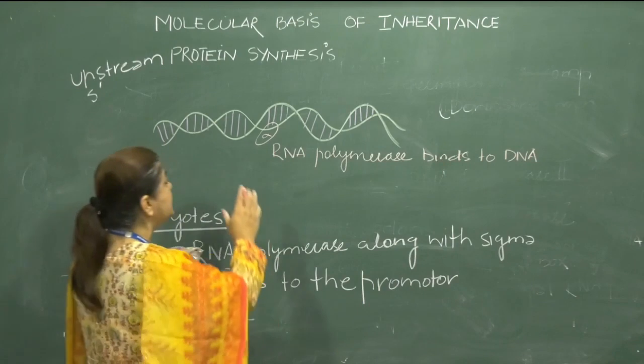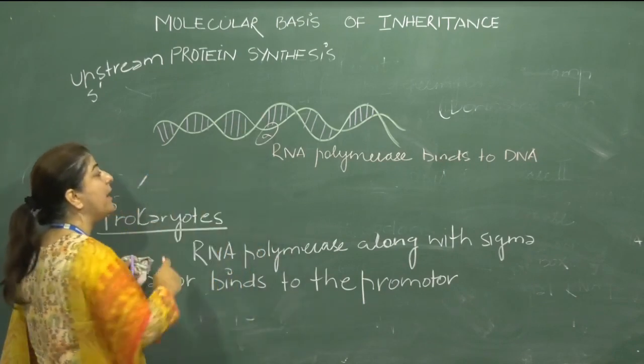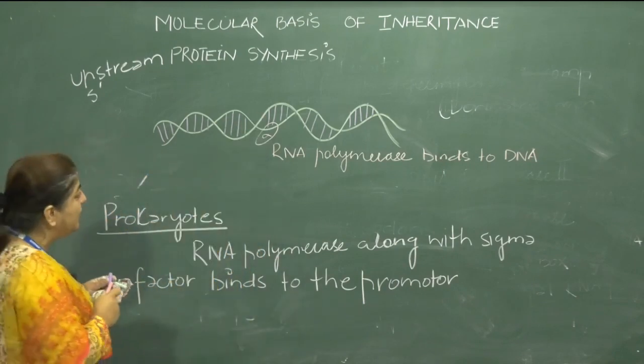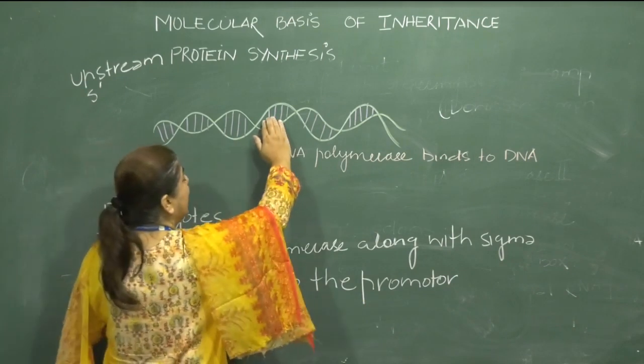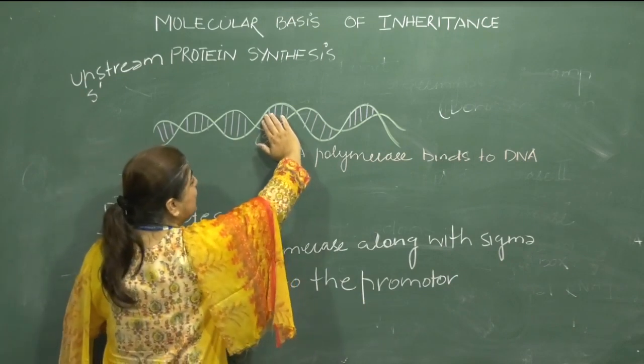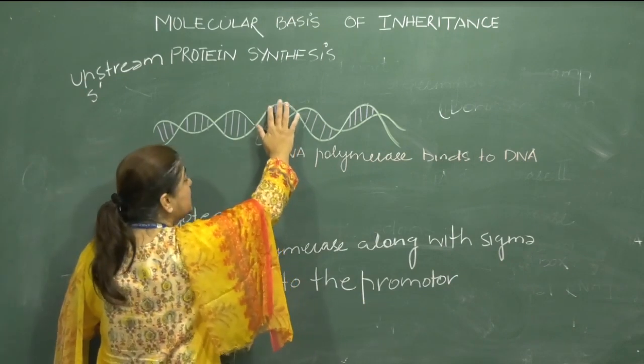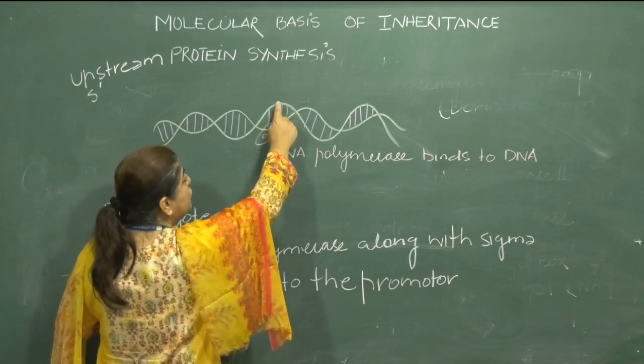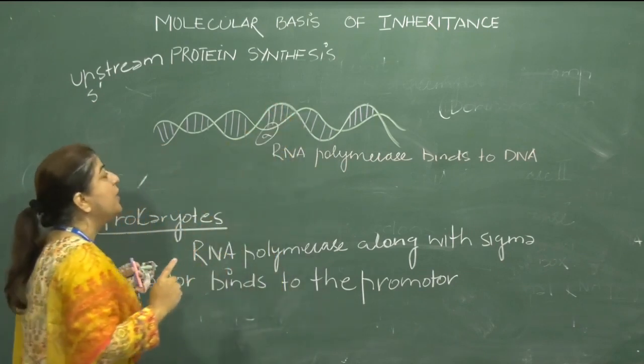After the RNA polymerase binds to the DNA, with the help of helicase the hydrogen bonds between the 2 strands of the DNA will be broken.